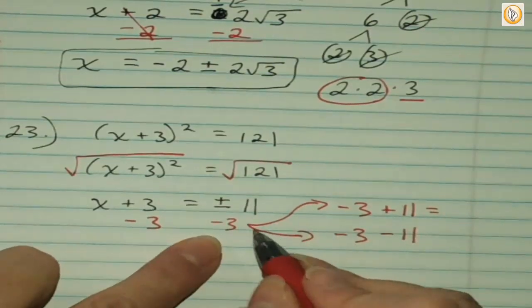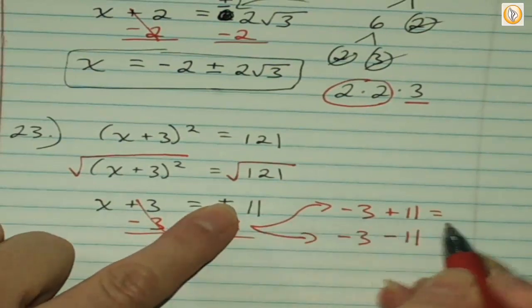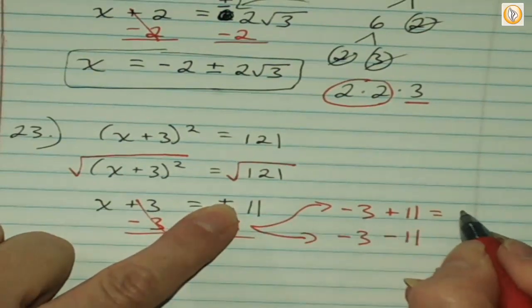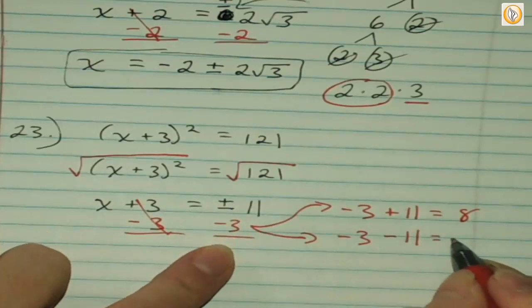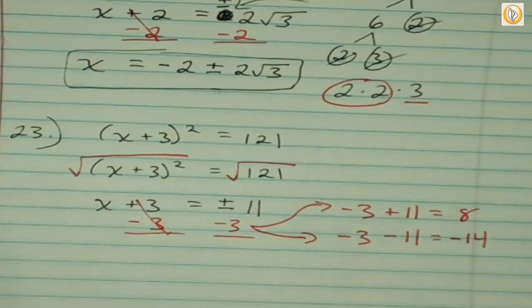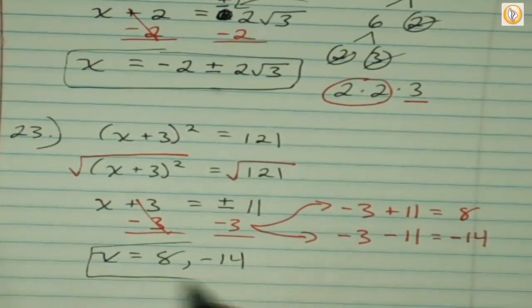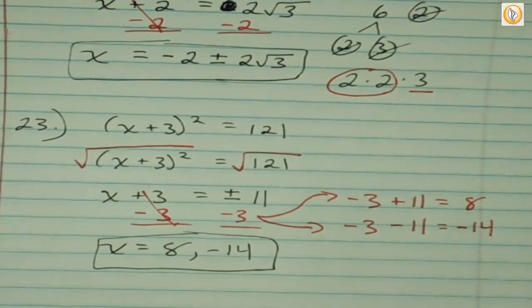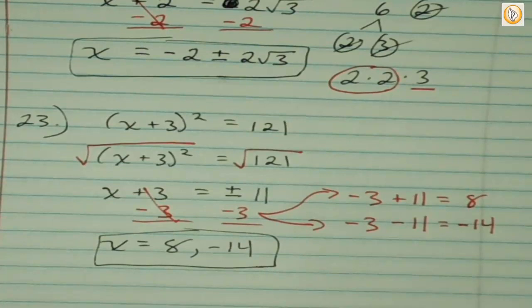So negative 3 plus 11 gives me what, Whit? 8. And negative 3 minus 11 gives me negative 14. So my answer is x equals 8 and negative 14. And you don't need to worry about two answers or one answer or whatever.